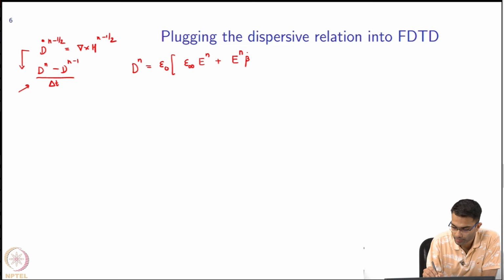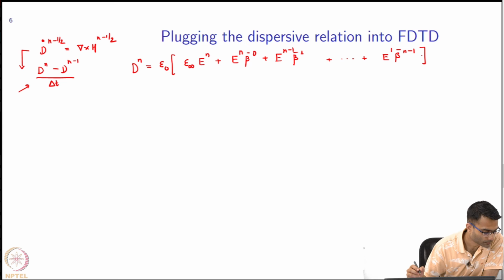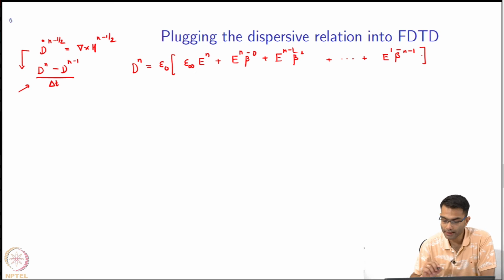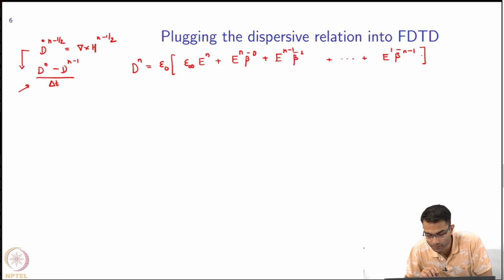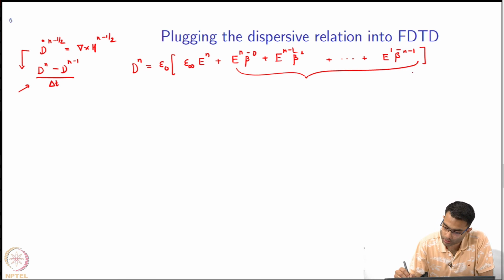Next will be E n minus 1 beta bar 1, and this continues all the way up to E 1 beta bar n minus 1. How many terms are there? N terms.